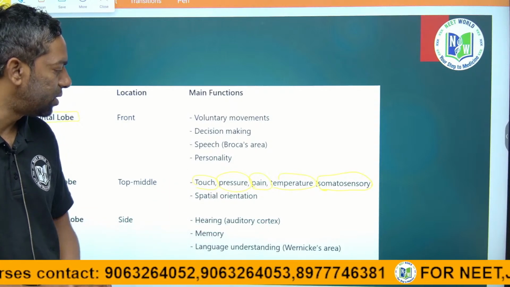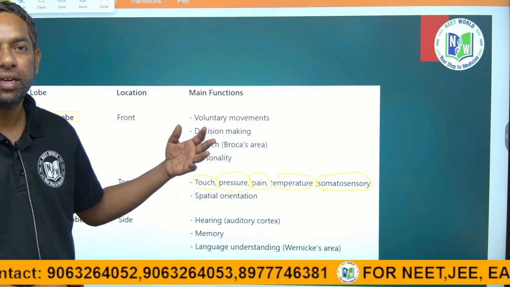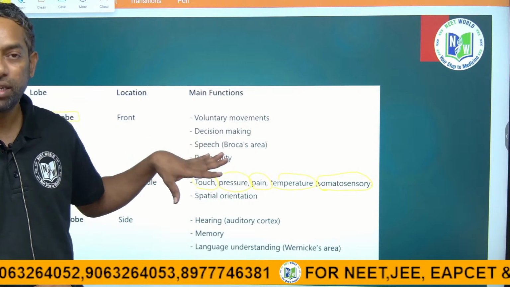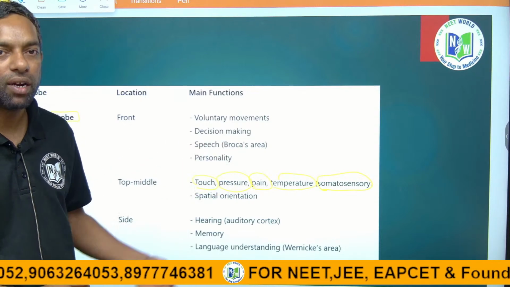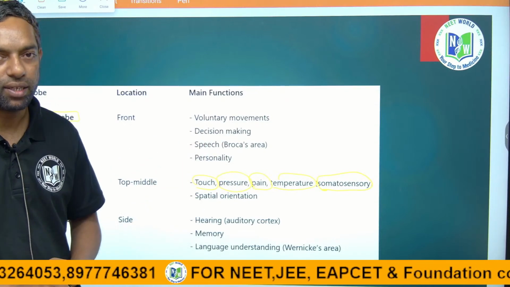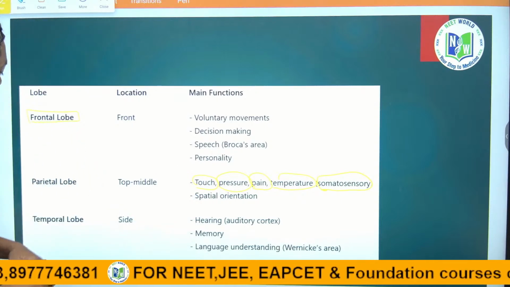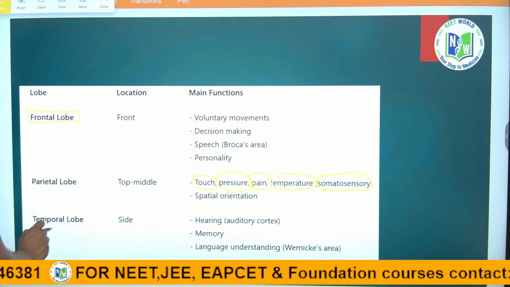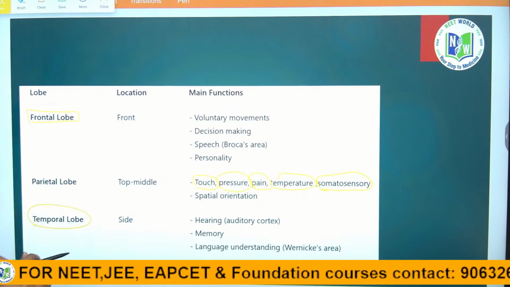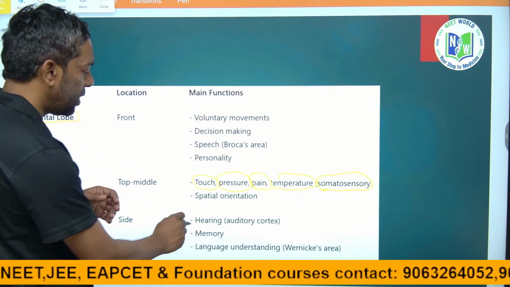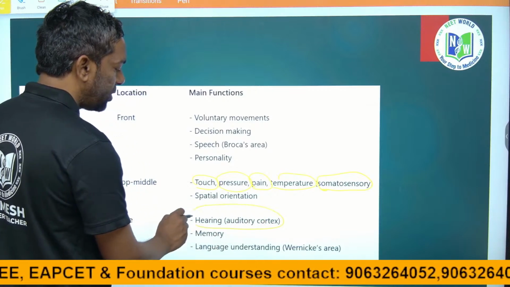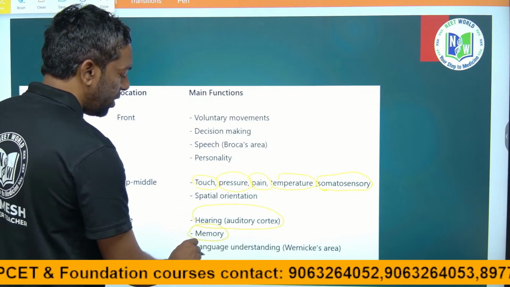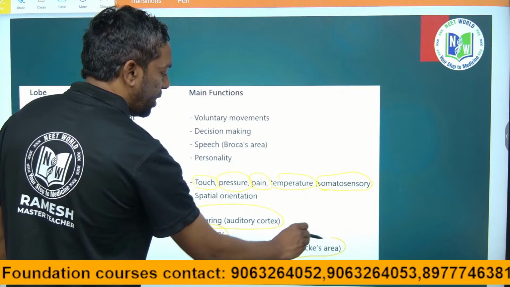If there is any touch and it is the right touch, they do not respond. If it is a wrong touch, they respond with motor signals. This is about the parietal lobe. Temporal lobe: it is the side lobe, which handles hearing, the auditory cortex, memory and language understanding.